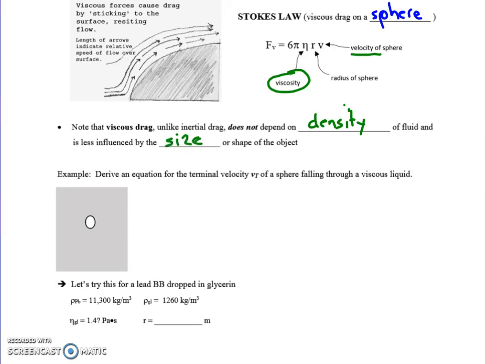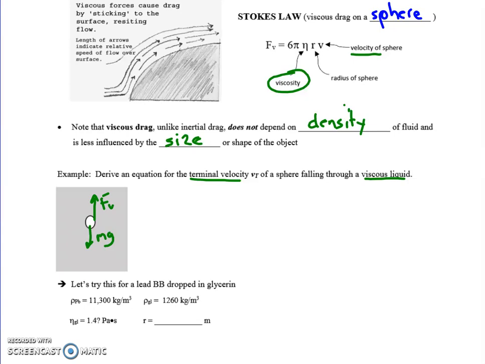So one type of problem I want to finish with here is how do we calculate the terminal velocity of an object falling through a viscous liquid? Okay, so we're going to derive it using Stokes' law, but it's not as simple as just using this equation. We have to do a force diagram. So if I have this object falling through some liquid, we know that there is weight, and we know that there is a viscous drag, but we also have to consider another force.